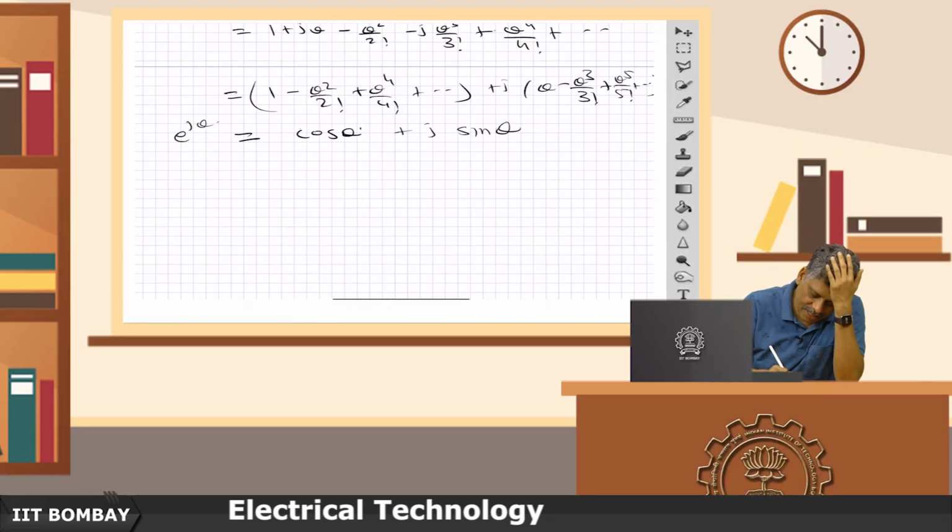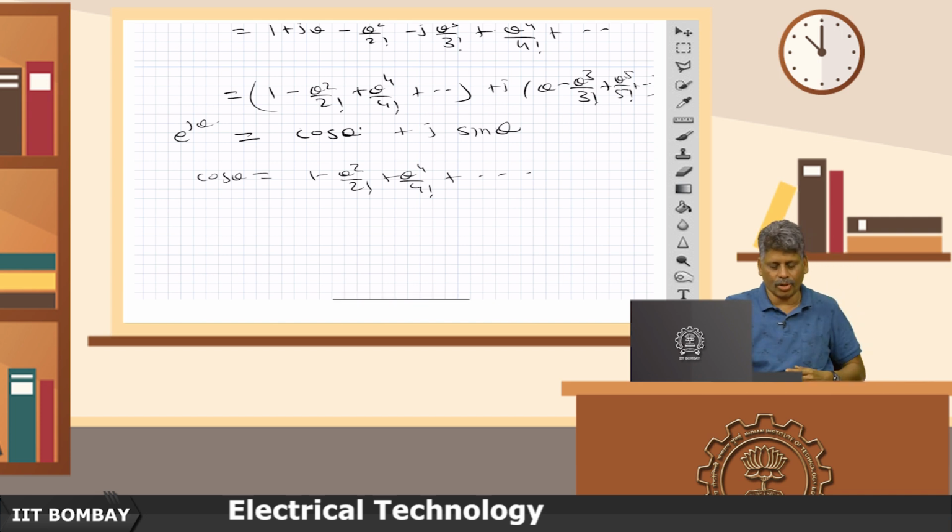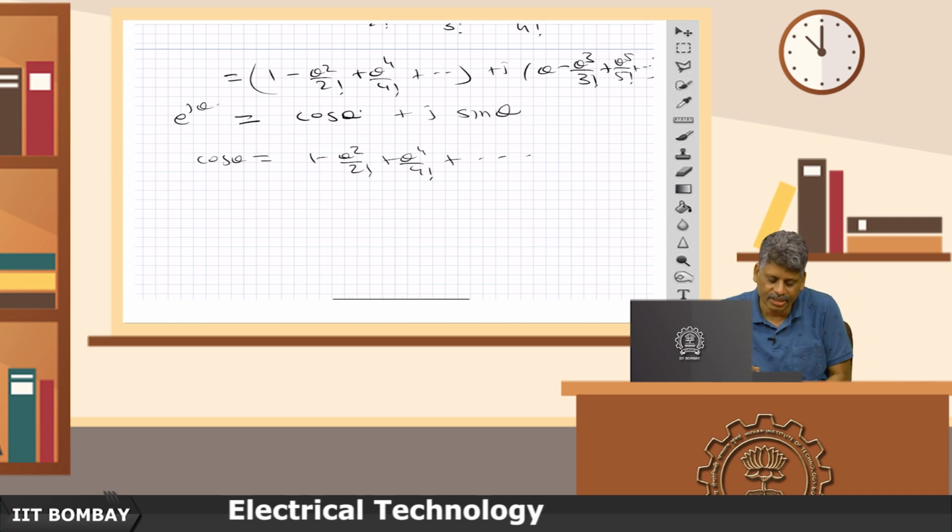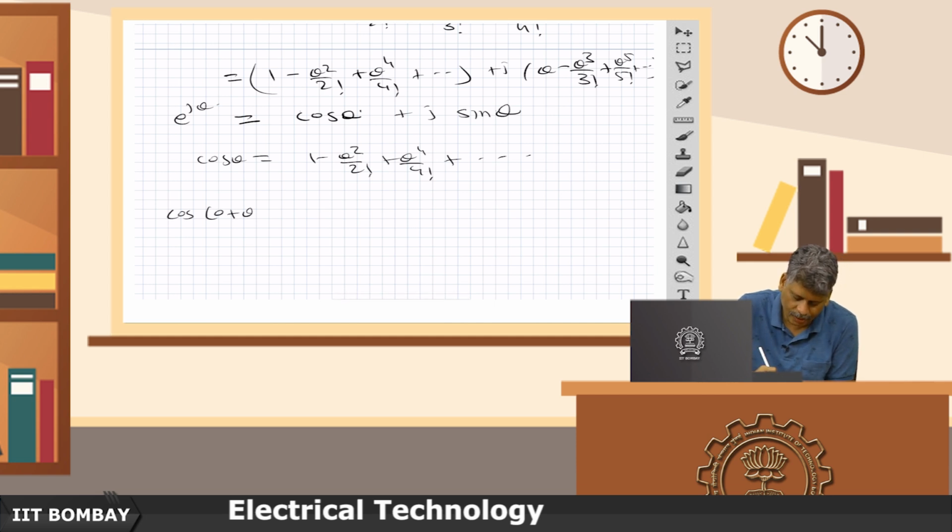So, when I say that cos theta is 1 minus theta square by 2 factorial plus theta to the power 4 by 4 factorial and so on, let us just see how this comes about. Once you know how this has come about, you know how the sin theta series would come out. So, again write this as cos of 0 plus theta, and write the Taylor series expansion.